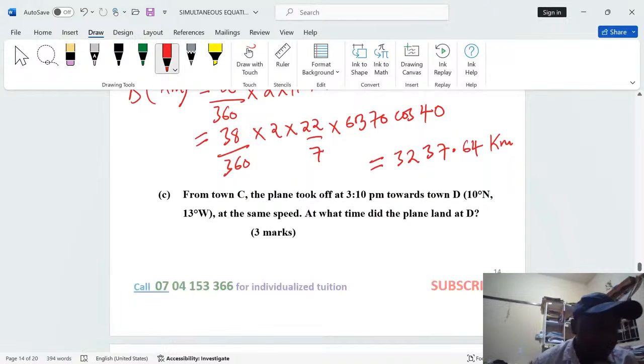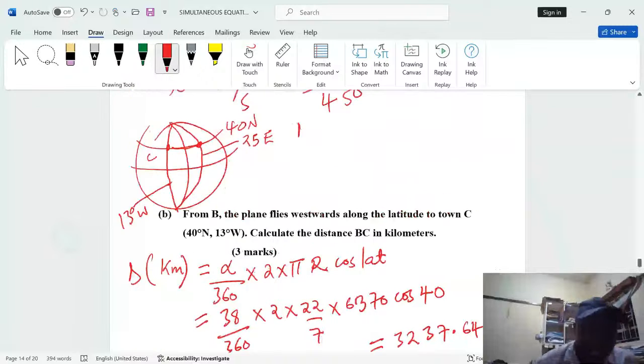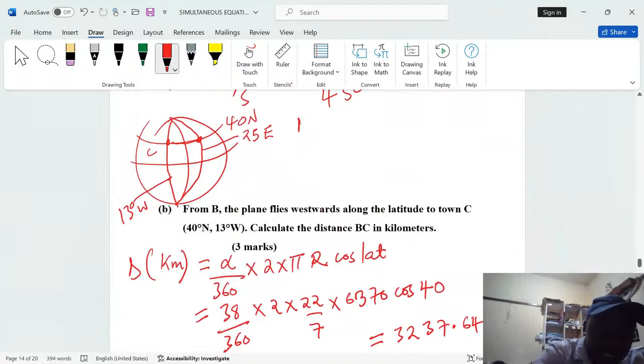Part C is talking about from town C, the plane took off at 3:10 p.m. towards D, which is 10 degrees north, 13 degrees in the west. Therefore, we are still at 13 degrees in the west, and now we are moving again downwards.